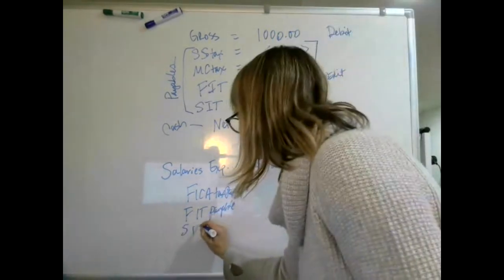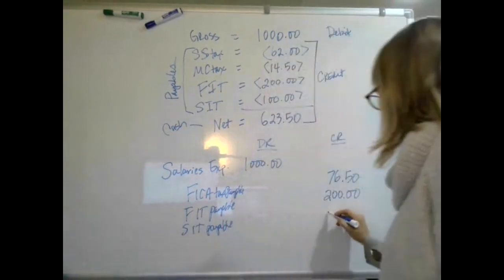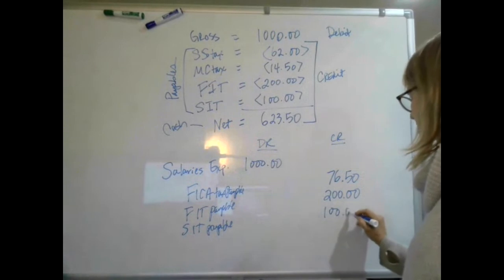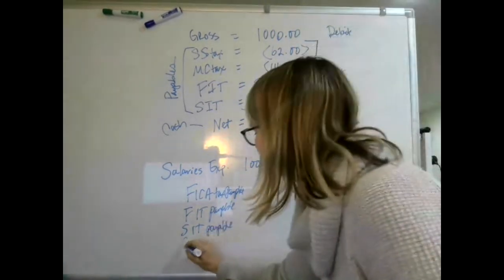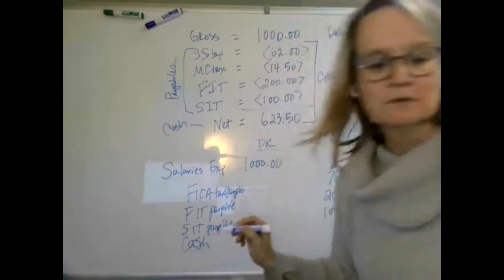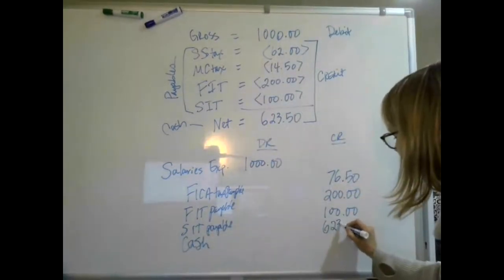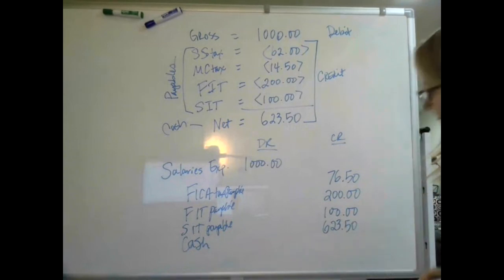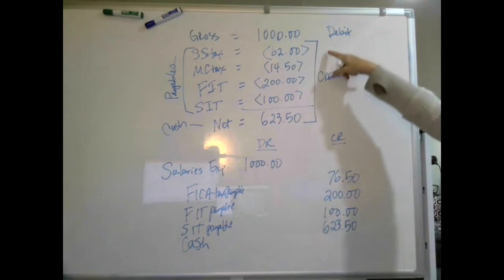State income tax payable, $100. And then let's not forget our cash that's going out, cash of $623.50. All right, so that's what our journal entry would look like.